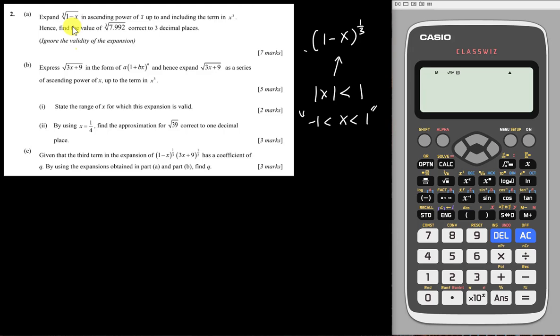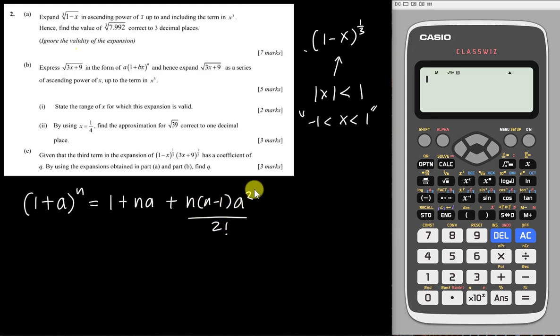We need to know the formula. If today we have 1 plus a power of n, the formula is 1 plus n multiply a, plus n multiply n minus 1 multiply a square, divided by 2 factorial, because you just imagine this square, you have 2 factorial, and then plus n minus 1, n minus 2, and then a power of 3, divided by 3 factorial, and so on.